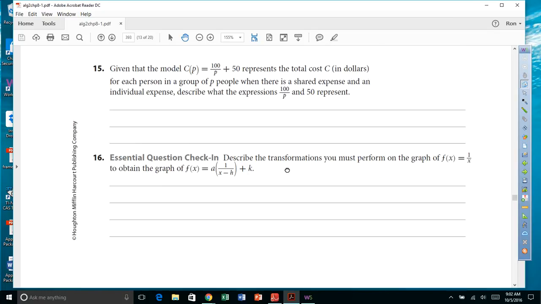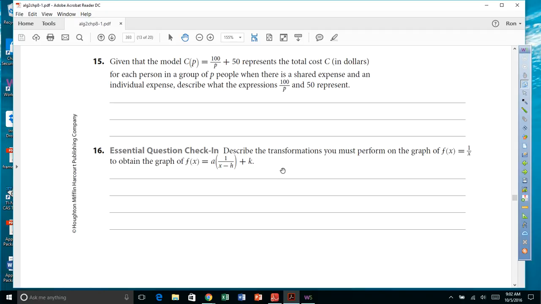15. Given that the model C of P equals 100 over P plus 50 represents the total cost in dollars for each person in a group of people when there's a shared expense and an individual expense, describe what the expressions 100 over P and 50 represent.